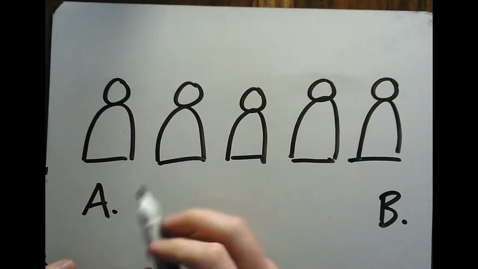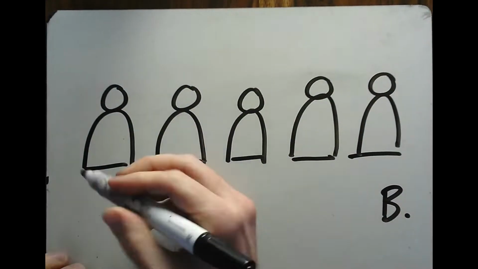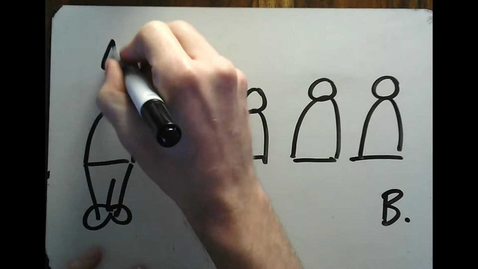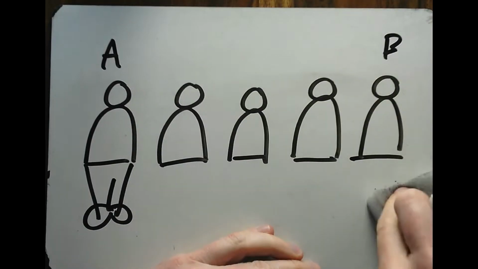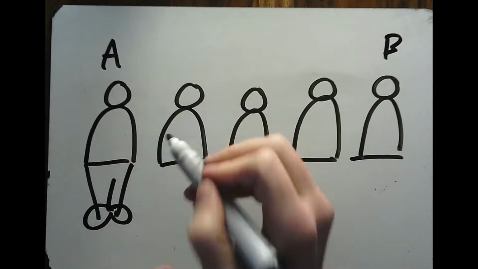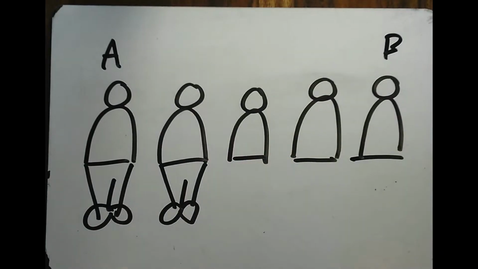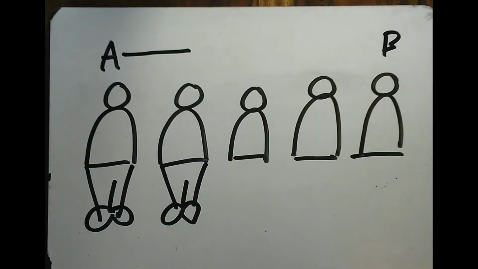So what's going to happen is A is going to stand up. I'm going to represent him standing up by just sticking some legs on him. So A is stood up. Now the next person next to A knows, oh, A stood up, well, I'm going to stand up too. They stand up. So the energy is starting to be transferred. It's got to here so far.